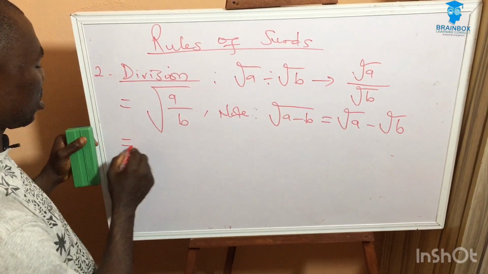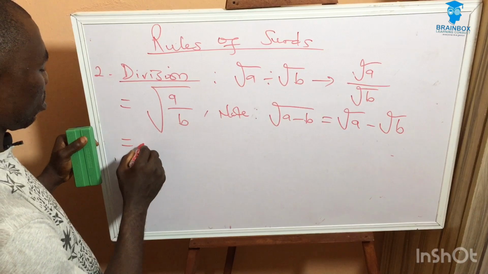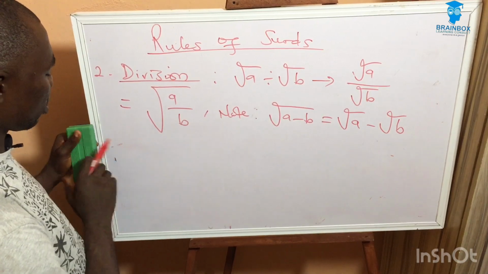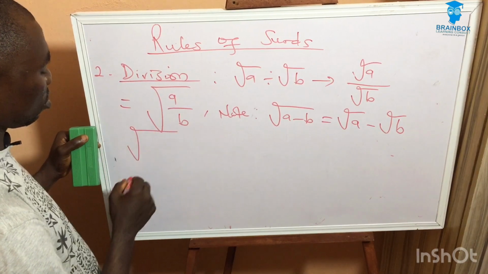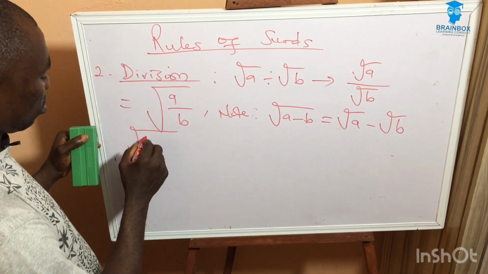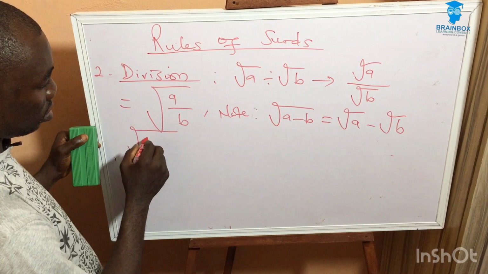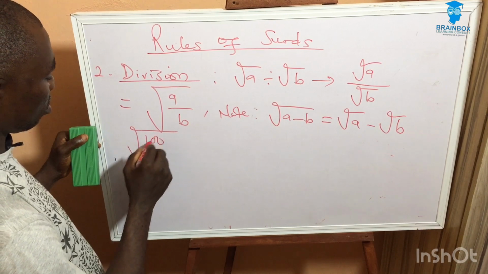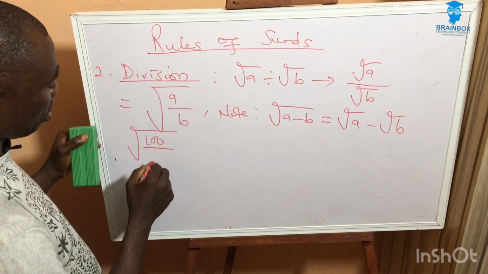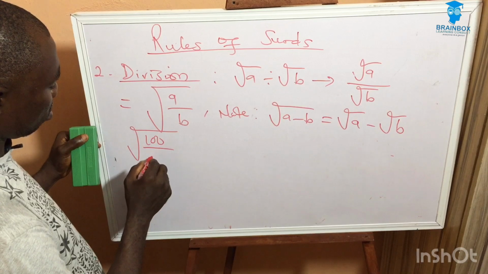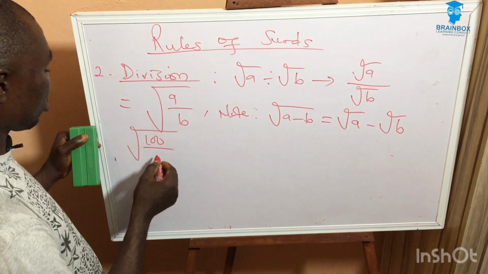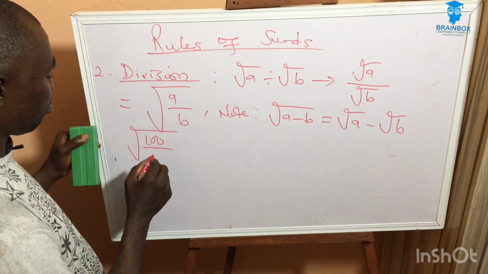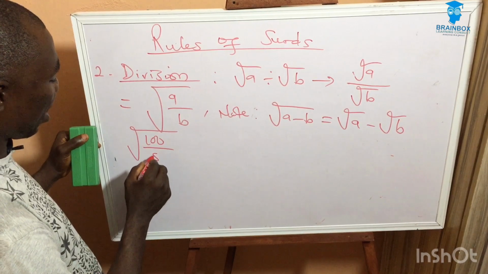Now, we can picture an example. For instance, let's deal with root of 100 over 5.